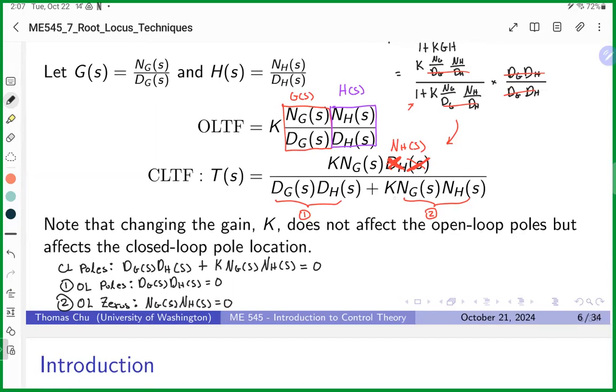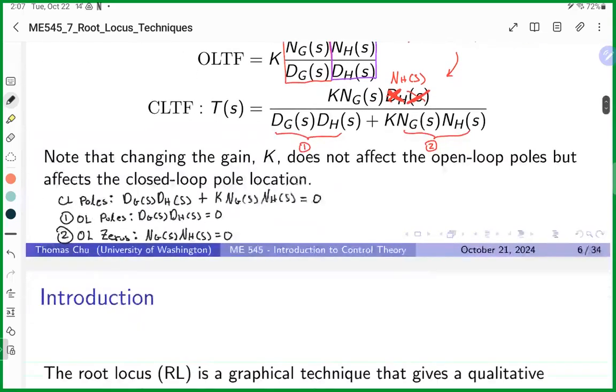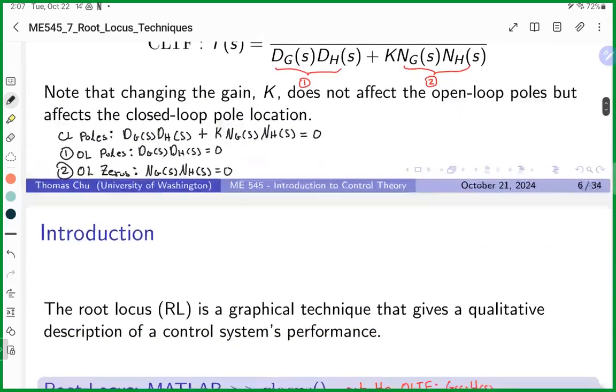And the k here is just a multiplier that doesn't change the 0 locations. So the closed loop poles are made of open loop poles and open loop zeros, which will be important in how the root locus is drawn. And we'll go over that later.